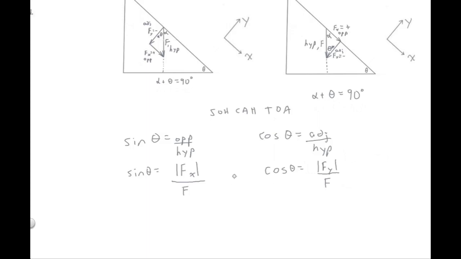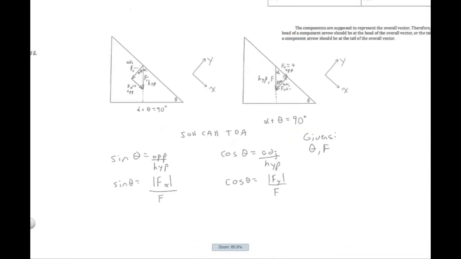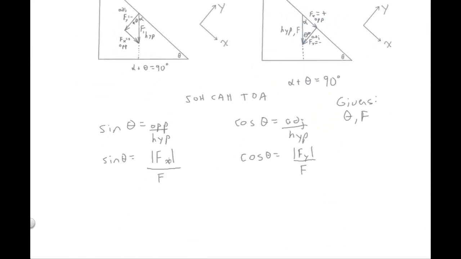So remember here that on this problem, the givens are theta and f, because those are the symbols that were mentioned in the problem. If something is mentioned in a diagram, we treat that as a given. So the symbols in the diagram here were theta and f. So we can treat those two symbols as our givens, theta and f. And we need to solve for the unknowns, which are the components. So we need to multiply both sides by f to get the component by itself.